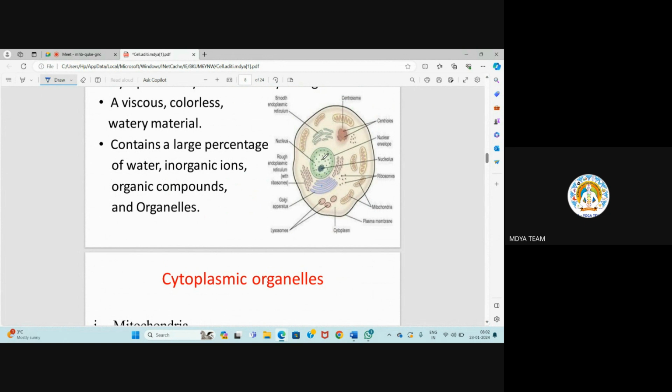And inside the nucleus, we can see a similar kind of fluid as outside the nucleus, the cytosol. That fluid is known as nucleoplasm, in which the nucleolus and all the chromatin materials are floating.